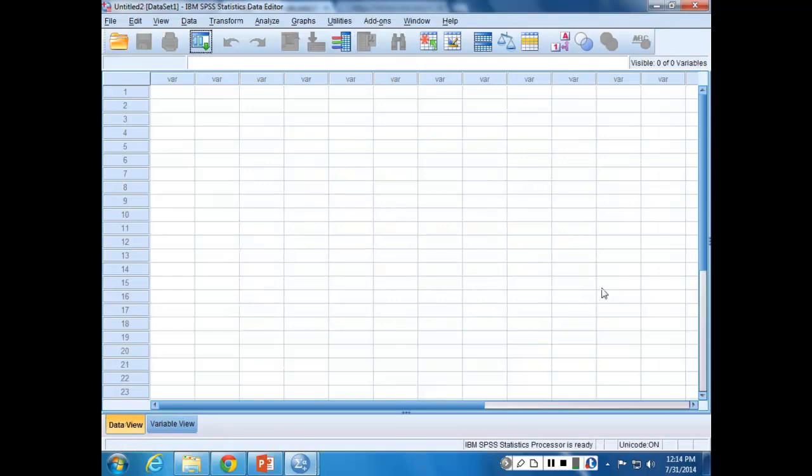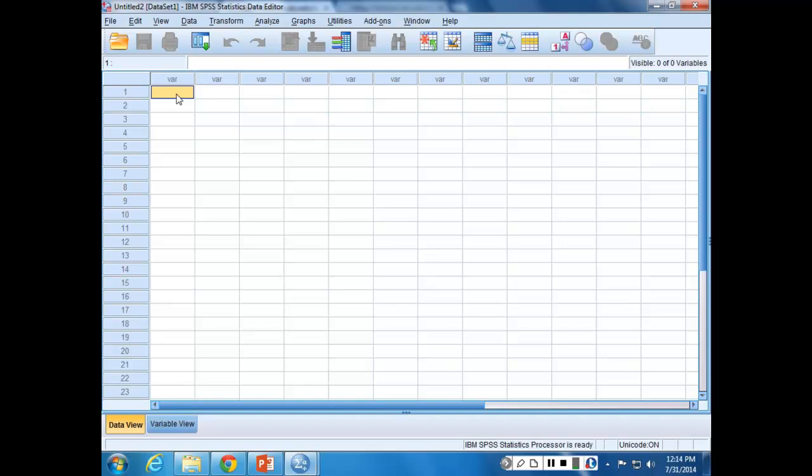What I want to show you before we actually put any numbers in is down at the bottom left, you'll see Data View and Variable View. Data View, that's where you put the data in. And in Variable View, you can put variable names and change the properties of things there. So for the data view, I'm going to enter the numbers for the problem.